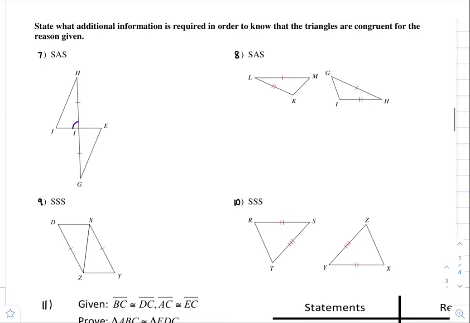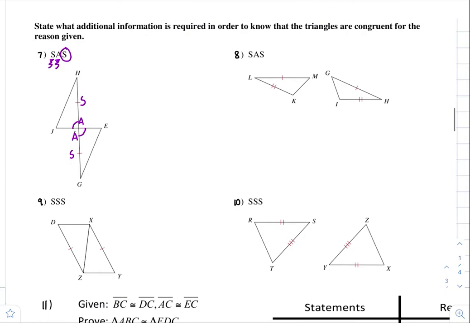Well, these are congruent to each other because those are vertical angles. So we have a pair of congruent sides and a pair of congruent angles. We need to add an additional statement that makes two sides congruent to each other.